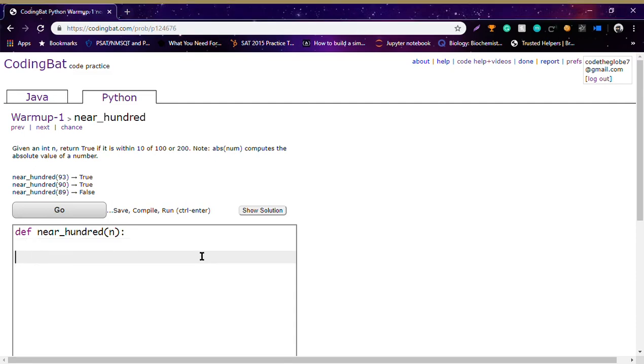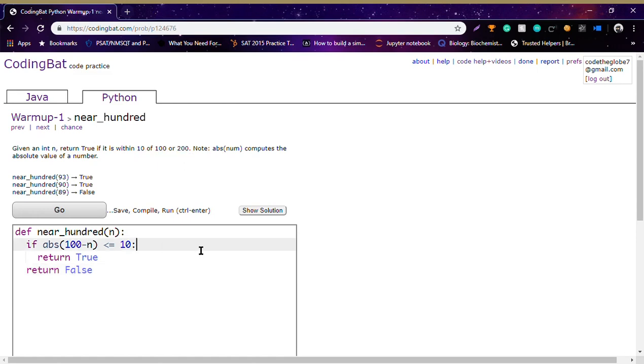So we have our number as n. Then let's see, if ABS, that's absolute value, 100 minus n is less than or equal to 10, we return true, and then anything else we return false. But then over here it says return true if it is within 10 of 100 or 200.